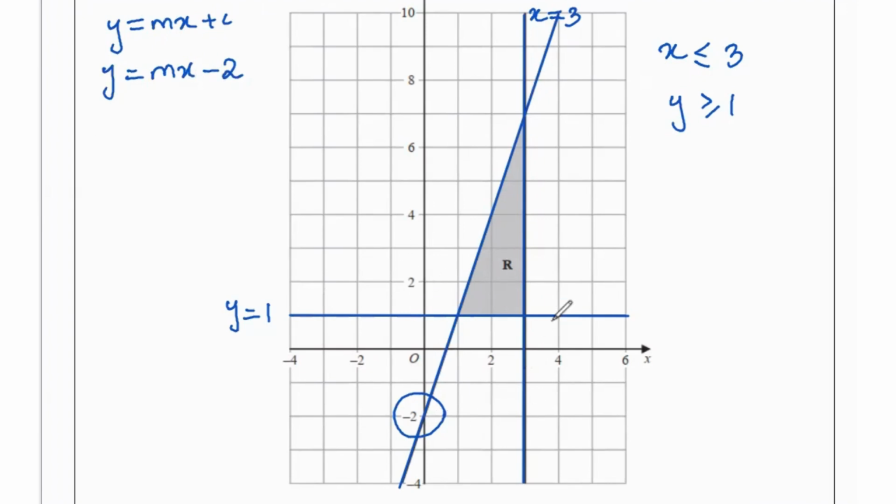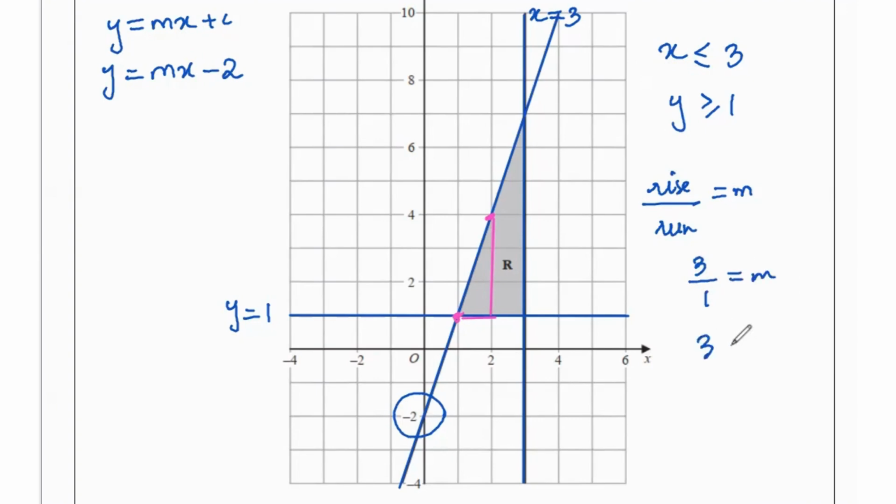So for that, we can just pick 2 points on the line. Let's say we pick this point and this point. So we can see that the rise is of 3 units and the run is of 1 unit. So rise over run is your M, which is 3 over 1.